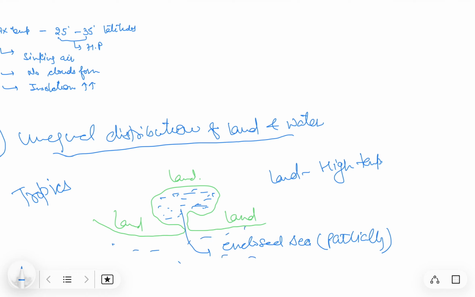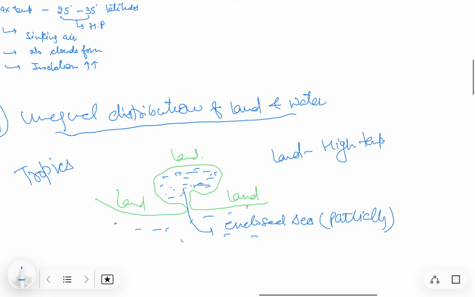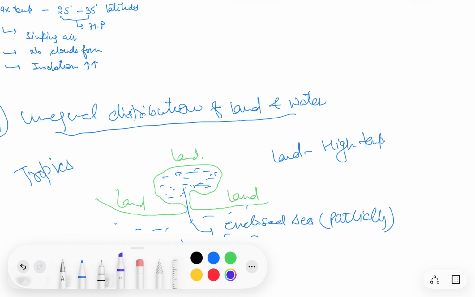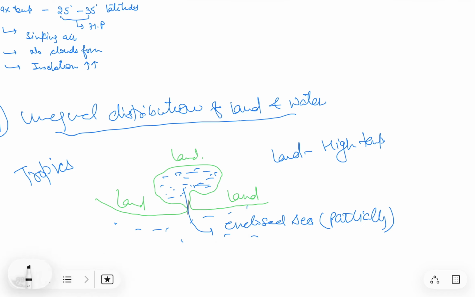In the surrounding water there is a movement, there are ocean currents, but in the case of an enclosed sea or a lake, there is no movement of the oceanic currents, and prevailing winds will not happen. So this area will have a temperature slightly less than the surrounding area. So this will also affect it. Here there is no mixing of the water.